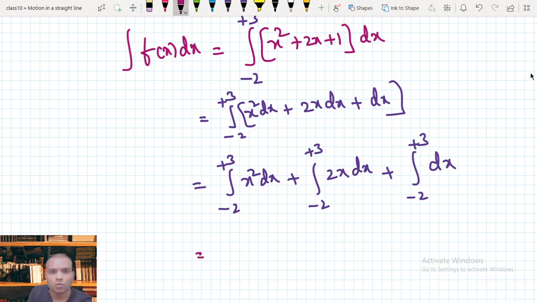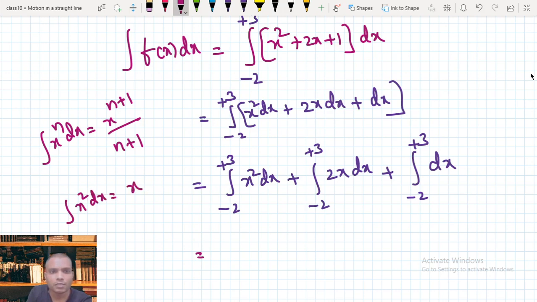Now we can apply the integration, and we know the formula: integral x power n dx is x power n plus 1 upon n plus 1. So I can apply that here. Integral x square dx is equal to x power 2 plus 1 upon 2 plus 1.